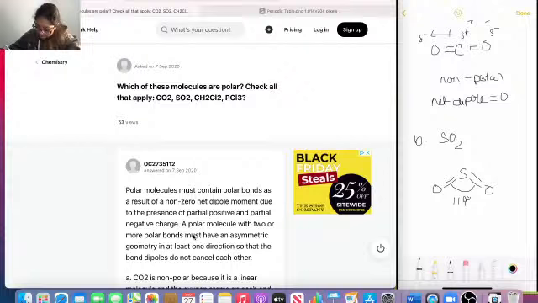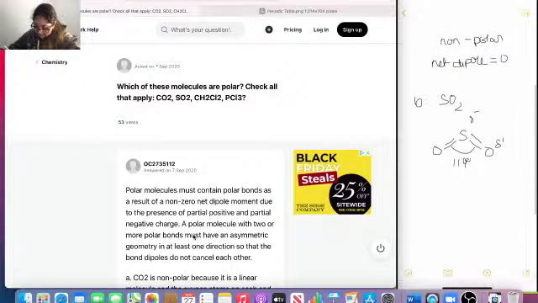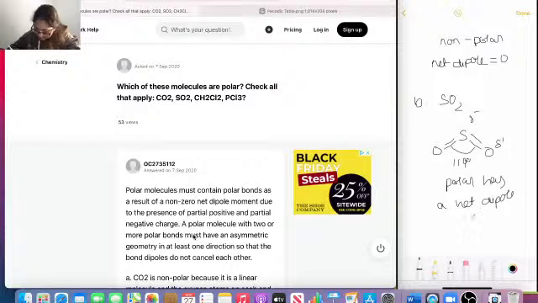And so in this case, this is partially positive, and this is partially negative, okay? So this is polar, has a net dipole greater than 0.